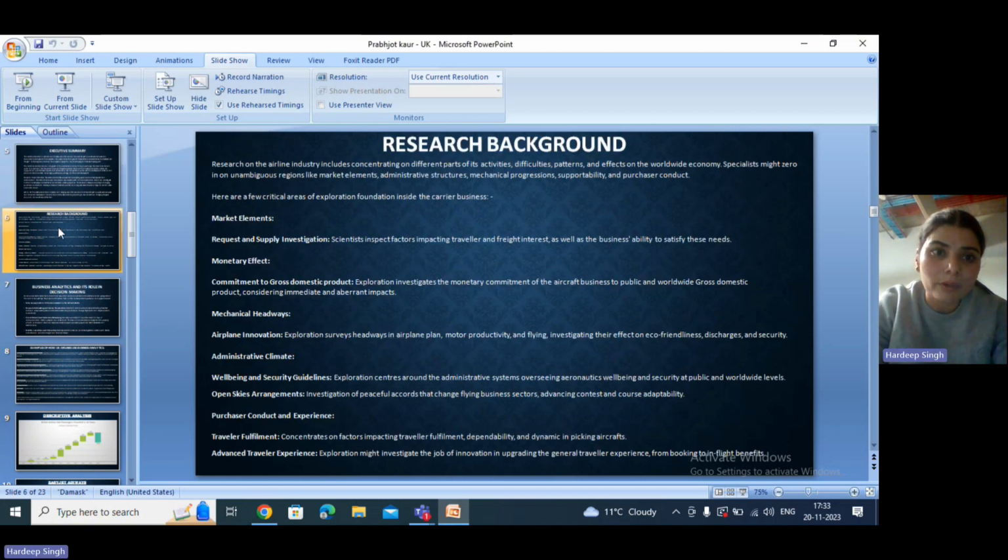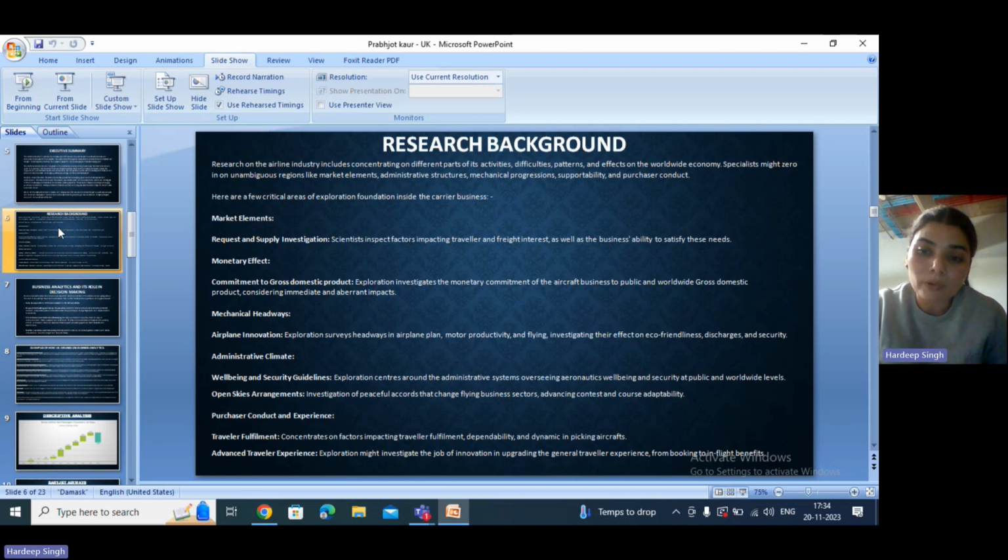So, the research background: research on the airline industry. While I was finding the data, it was not that difficult for me to arrange it. But there is very high competition in the airline industry, with an effect on the worldwide economy, especially focusing on competitive areas like market elements, regulatory structure, technological advancements, mobility, and buyer behavior.